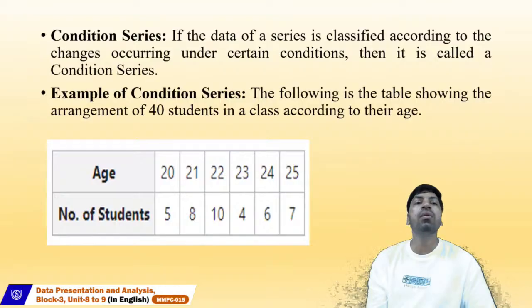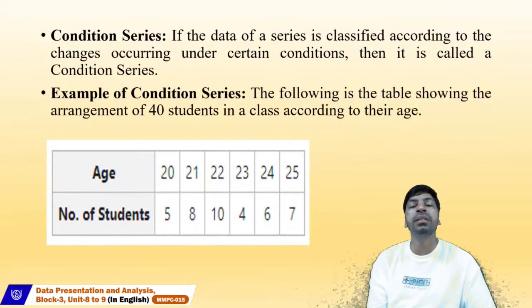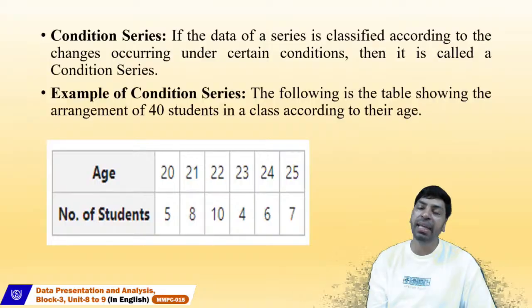The next one is the condition series. If the data of the series is classified according to the changes occurring under certain conditions, or a condition has been put on, it is called a condition series. We can take up an example, the following table showing the arrangement of 40 students in the class according to their age.